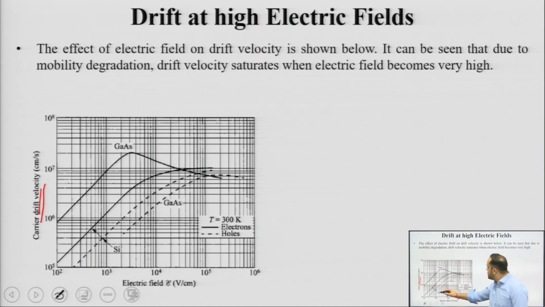So, you can see initially for most of the semiconductors, say for silicon, drift velocity increases and then it becomes constant. For compound semiconductors like gallium arsenide, it becomes constant and also starts to roll off. Okay. So, we can say that this direct relationship between drift velocity and electric field is no longer valid at high values of field, right.